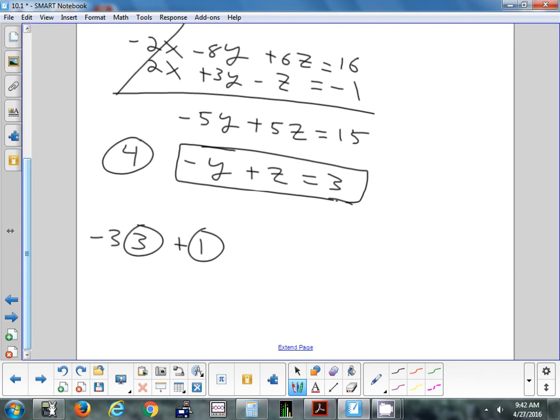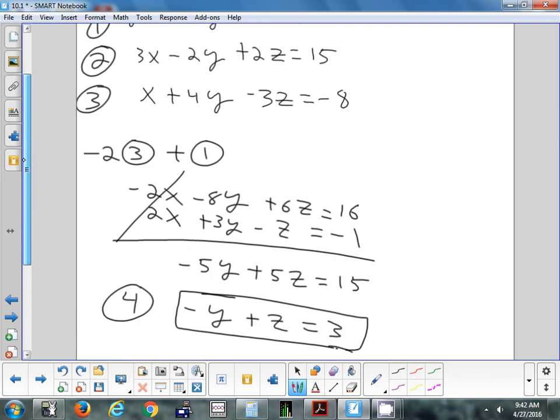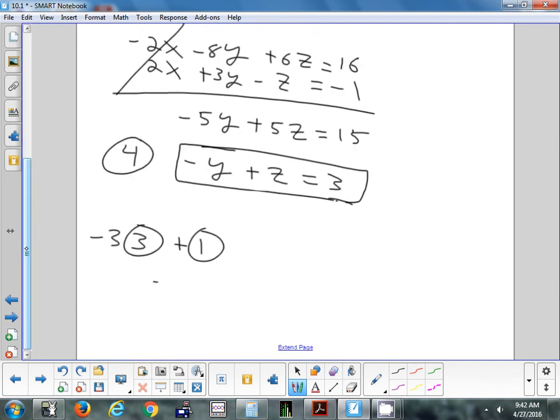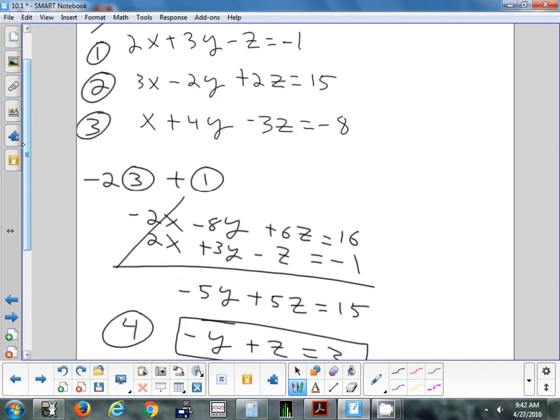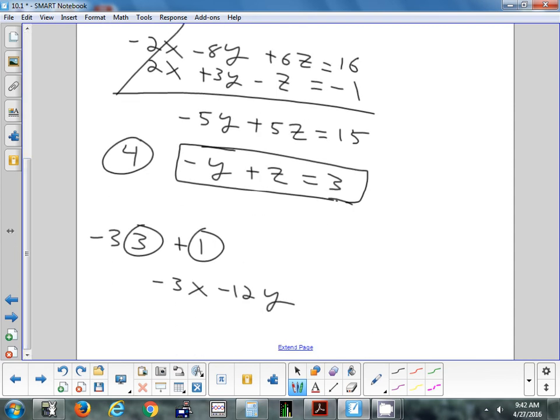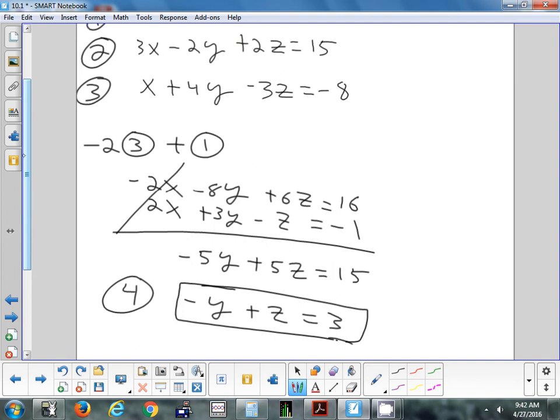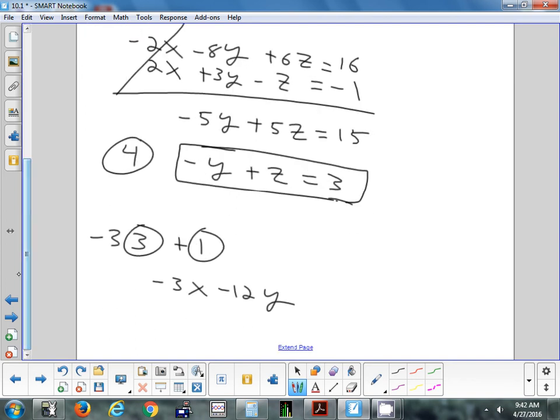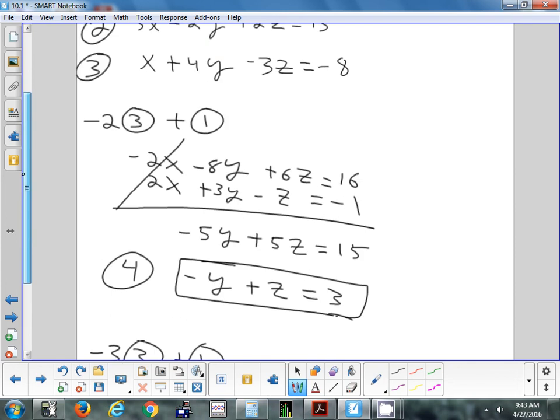Okay? So let's do negative 3 times the third equation. Negative 3x minus 12y plus 9z equals how much? Negative 4.